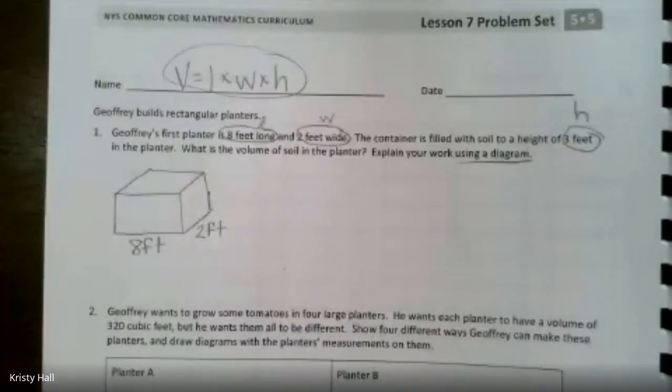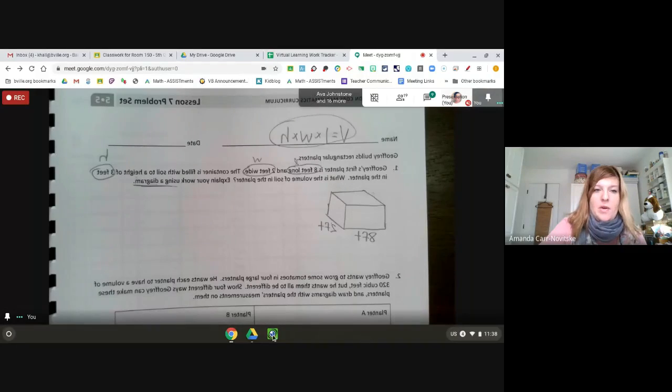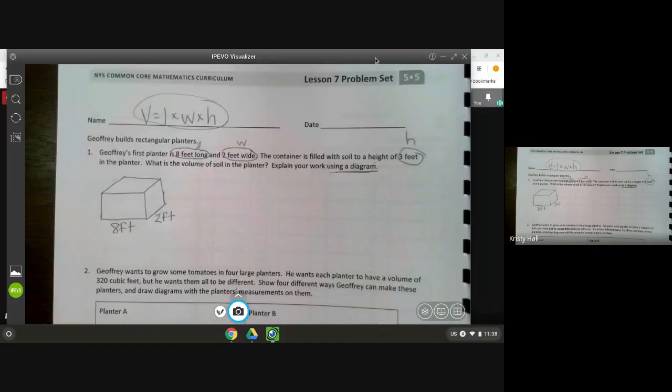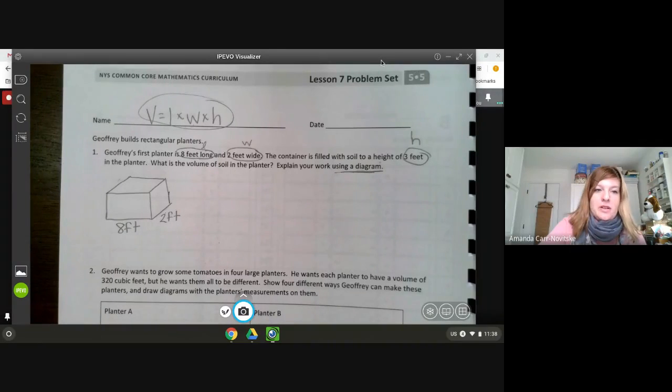If it's not directly on your screen, you can always pin her screen to your screen. If you hover over her screen, there's a little pin button. Oh, that's much better.